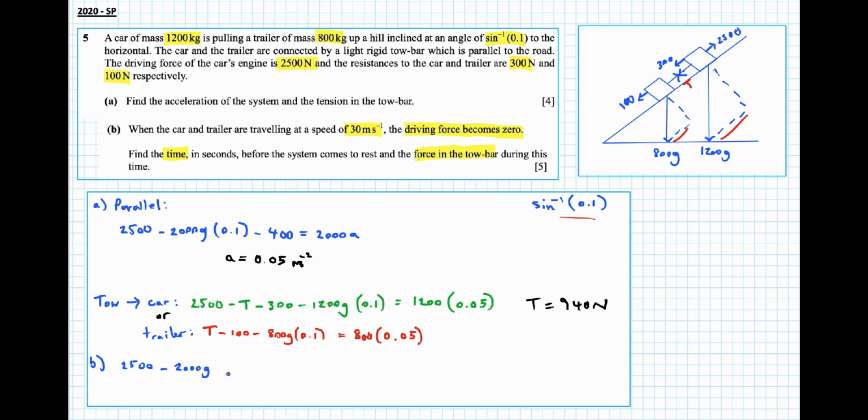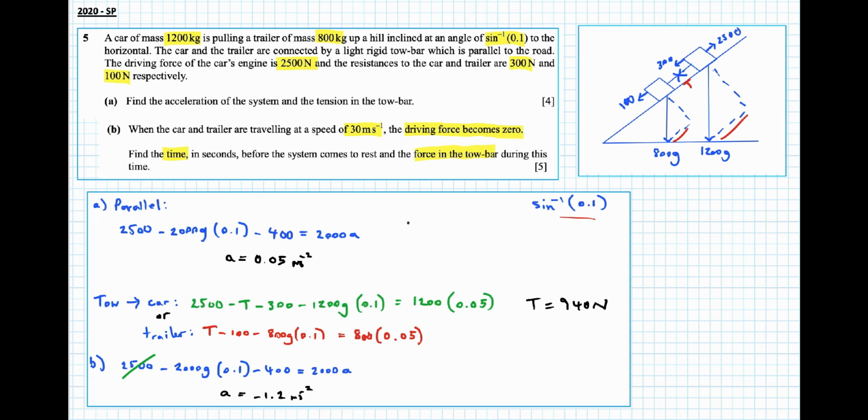But everything else remains the same, except the acceleration, of course. And if you think about it, your acceleration should be negative. It should be a deceleration. So just wipe out the 2,500, driving force is 0. Redo that calculation for A, and you'll get minus 1.2 meters per second.